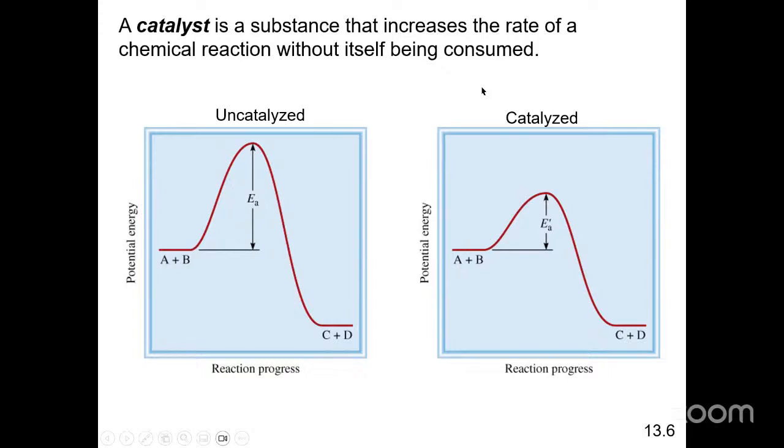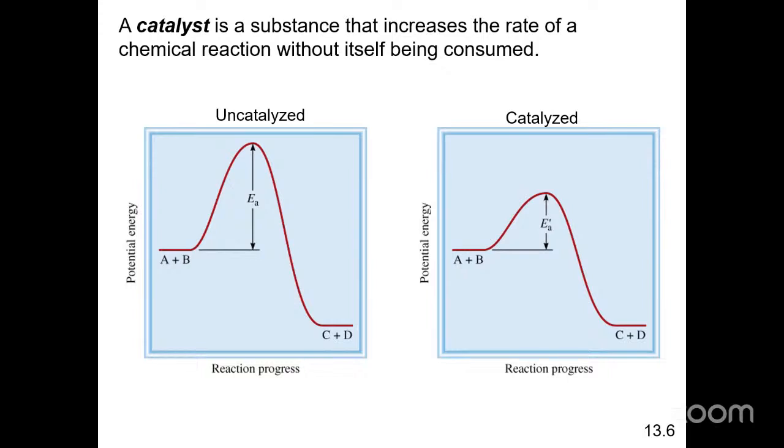And the reason why catalysts work is because of the effect that they have on the activation energy. Remember, we talked about the activation energy, which is the minimum energy that the molecules need in order for the reaction to take place, right? The way a catalyst lowers the activation energy is that it provides a different mechanistic pathway, right?